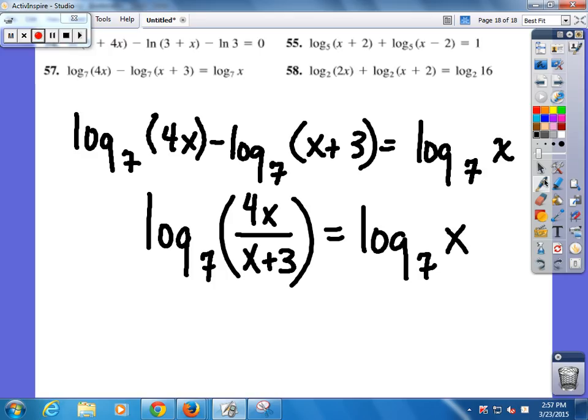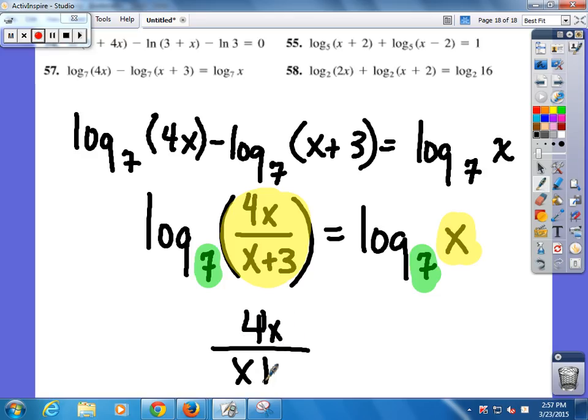If you have the same base on both sides of the equal sign, then this guy is equal to, so that's going to be 4x over x plus 3 is equal to x.